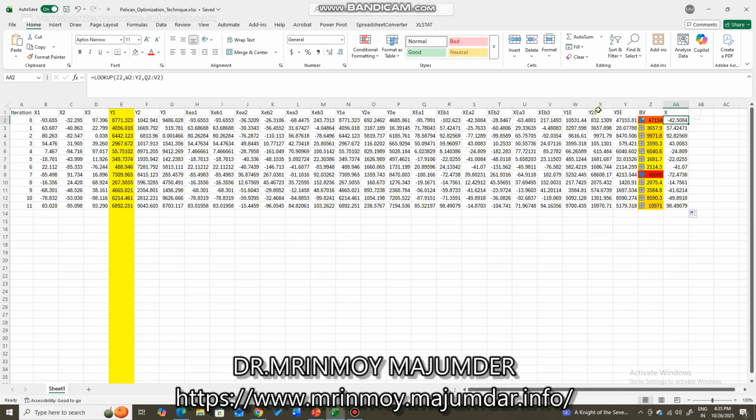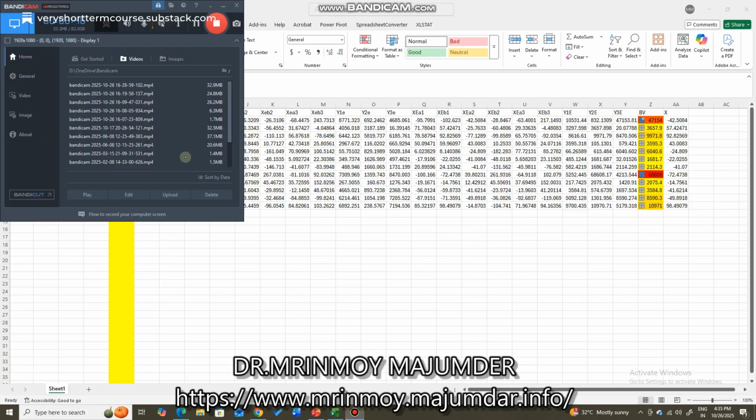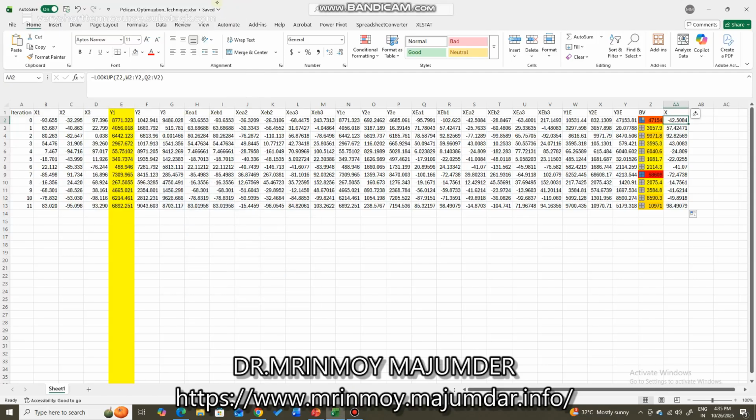And in the exploitation phase also you have to calculate 2x for each agent with the help of the equation of exploitation, not the equation of exploration. You will calculate 2 times for each agent.